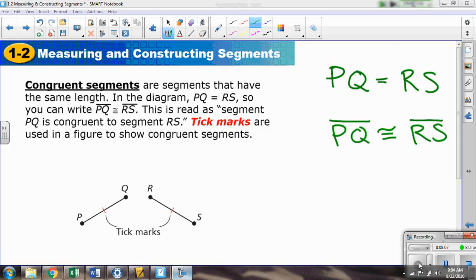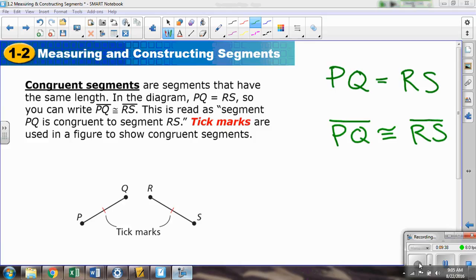It's a matter of notation that we have to be careful of, because PQ distance is not the same thing as PQ segment. We can't use them interchangeably. They're not the same. One is length, one is the actual stick. It's the difference between saying I'm holding a ruler in my hand and I'm holding 1 foot in my hand. They're not the same thing. They're close, they're related to each other, but not quite the same.